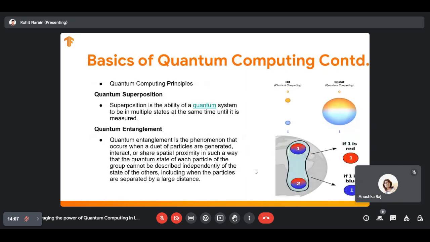Now, how are we actually implementing these quantum bits into a quantum computer? According to quantum physics, an atom can be in two states, which is known as quantum superposition. That means if we have an atom in any physical system, that atom can be in two states at the same time.